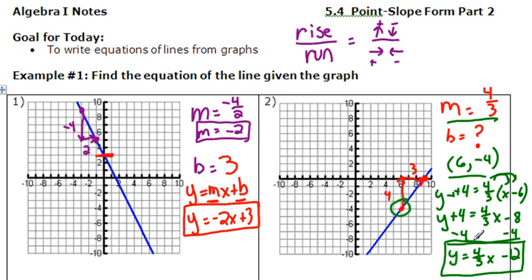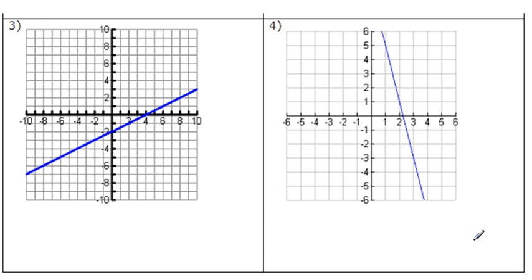So let's look at two more examples. It's the same idea. So number 3, the first thing you always do from the graph is find the slope. So if I want to find two pretty points, there's one here, there's one here. So I would have to go up 1 and over 2. So remember, rise always goes on top, so this is 1/2. Now that fraction can't be simplified.